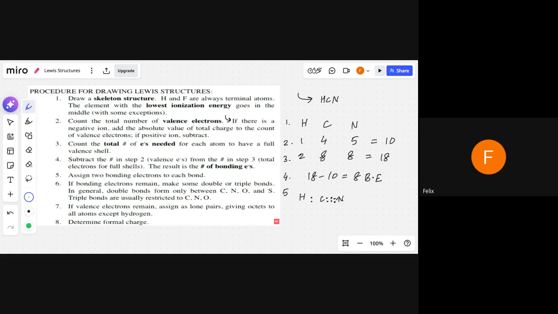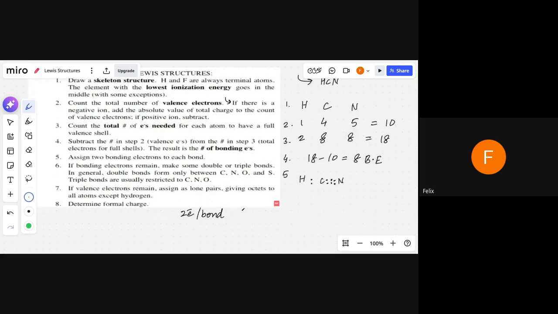And at this point you should know that whenever 2 electrons are shared between the atoms, it's a single bond. It's always 2 electrons per bond, right? If 4 electrons are shared between the 2 atoms, it is going to be a double bond.